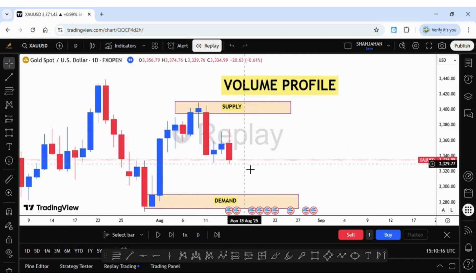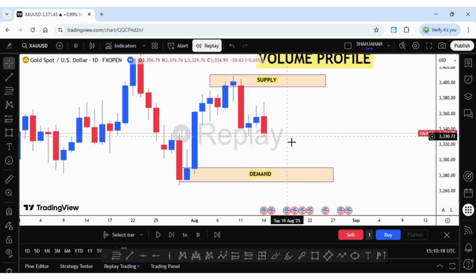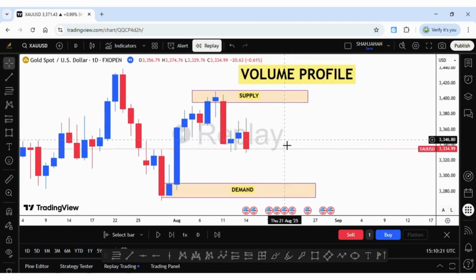So if I tell you the one tool and the correct entry point, and where the market will give you a good move, you can identify the main area which gives you a retracement or an impulsive move from this area.